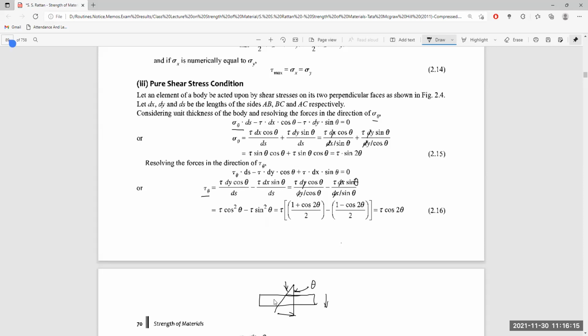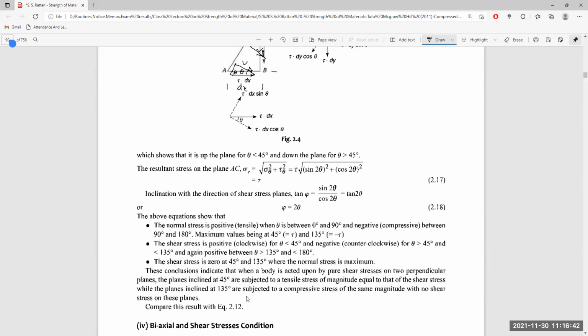This becomes tau sin theta cos theta plus tau sin theta cos theta, which is 2 sin theta cos theta, so tau sin 2 theta. So in case of pure shear, sigma theta is tau sin 2 theta, and tau theta is tau cos 2 theta.